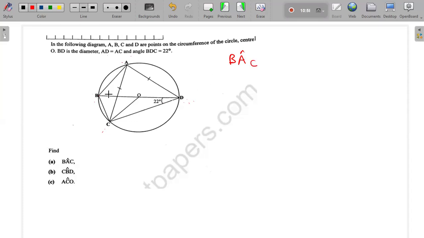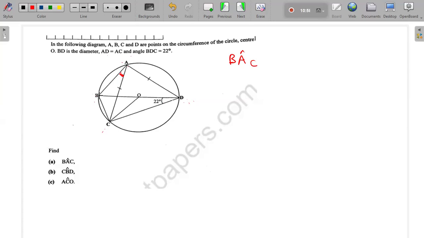BAC. So they're telling us to find this angle here, BAC. So how do we find that angle there? From the theorem, or from that rule which we said, that if we have angles on the same segment that form a chord, they are going to be equal.